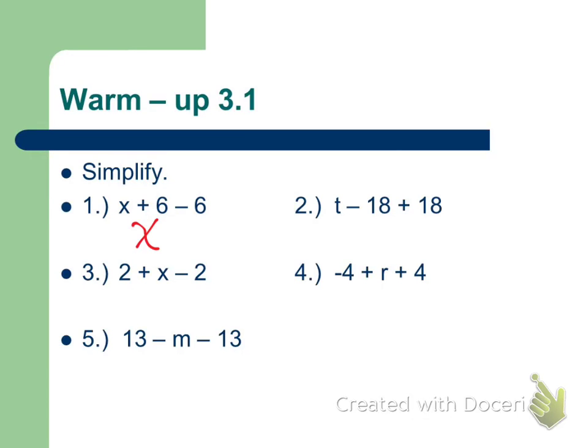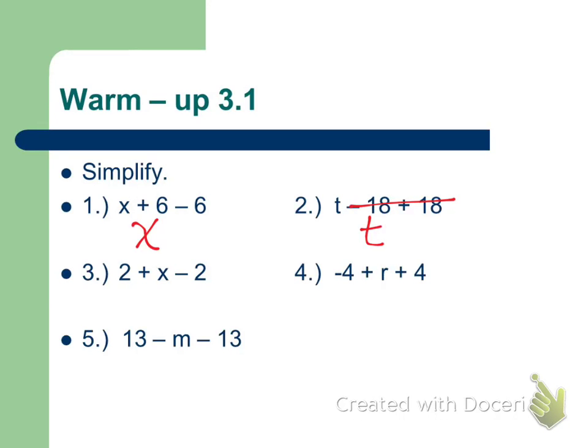Alright, number 2, Jamal. Oh, me? Yeah. Very good. So we just get T on number 2 because, again, minus and plus of the same number zeroes out.